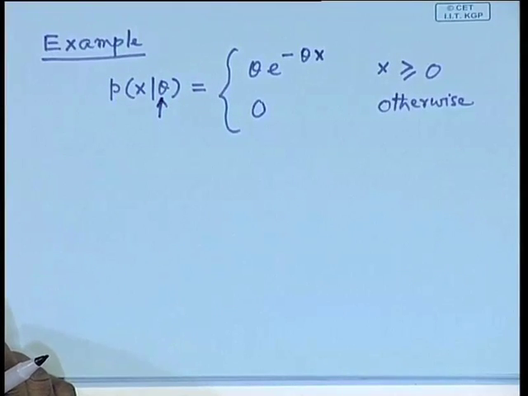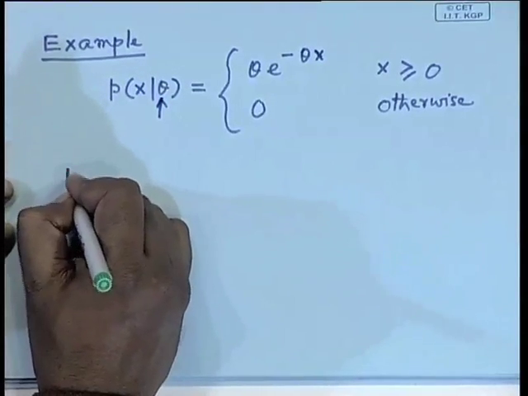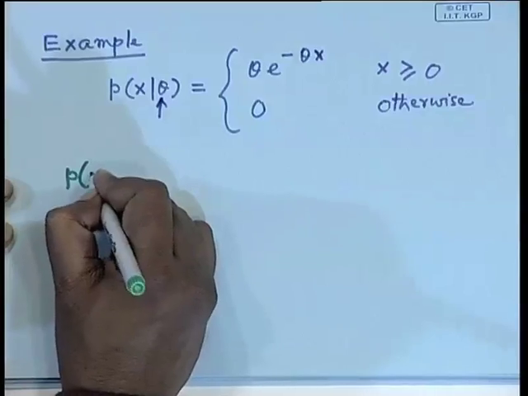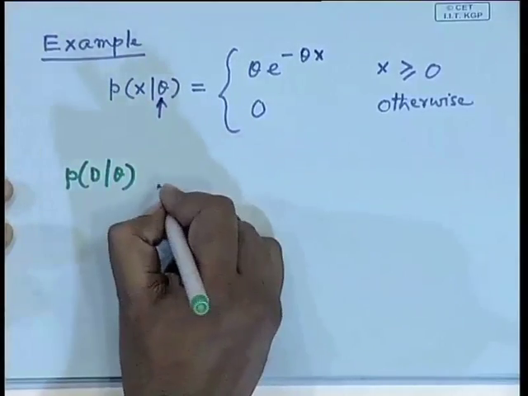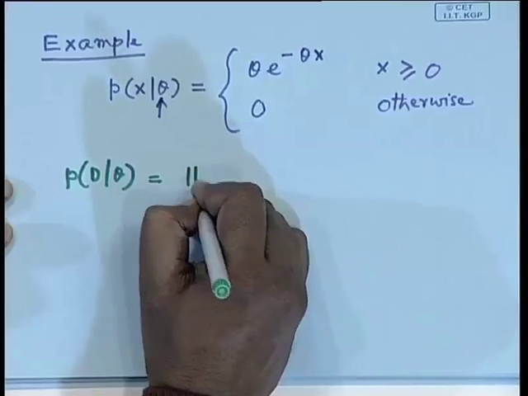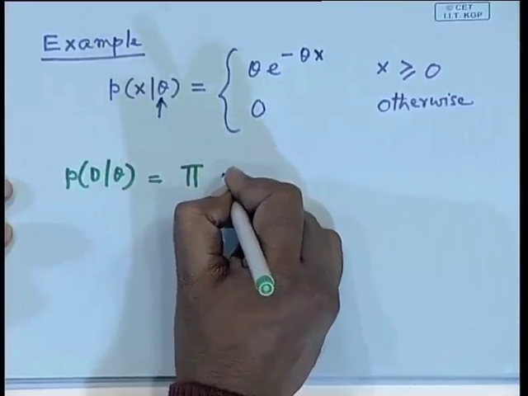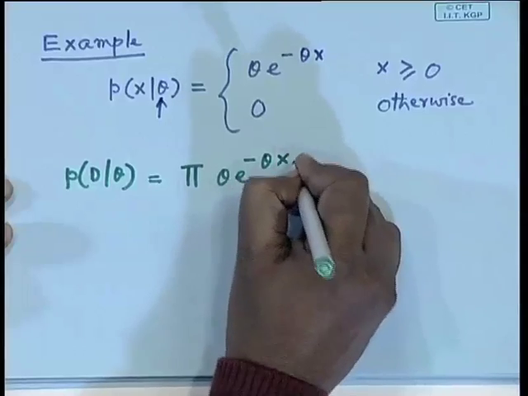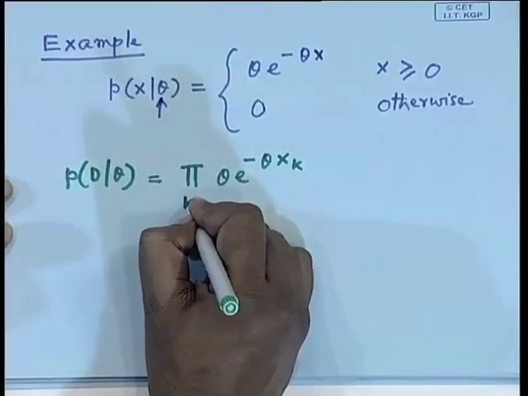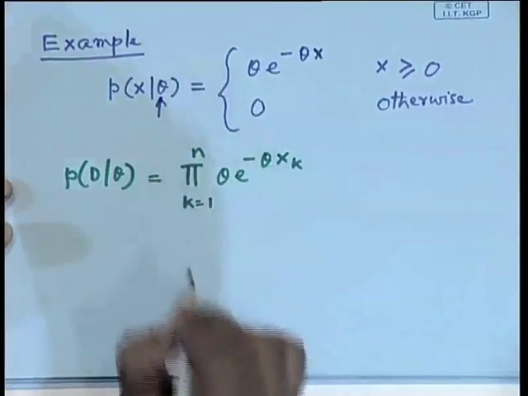So, our problem is to find the best estimate or the maximum likelihood estimate of this parameter theta. So, I follow the same procedure, that is I find out the likelihood value P of D given theta, which is nothing but the product of theta e to the power minus theta x k, where k varies from 1 to n.